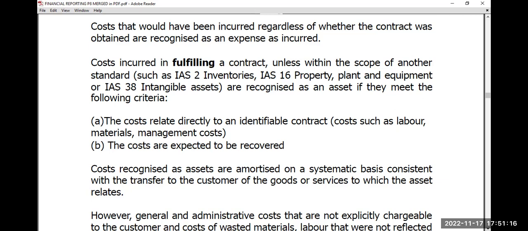If some costs are accounted for under different standards, then we are not supposed to account for them here if those costs are treated in a different standard, such as IAS 2 inventory, IAS 16 PPE, IAS 38 intangible assets, because we may be having some of these items and there are some criteria.